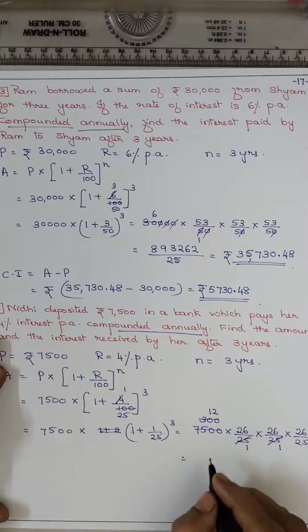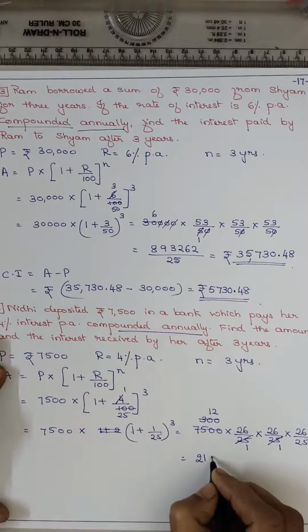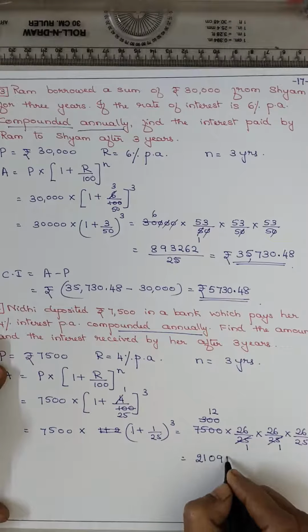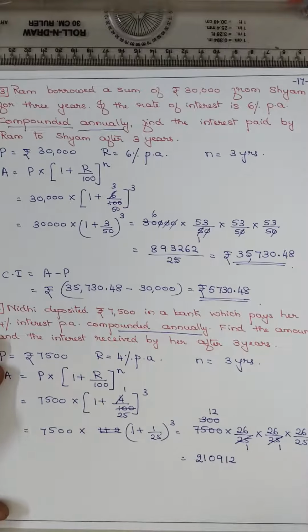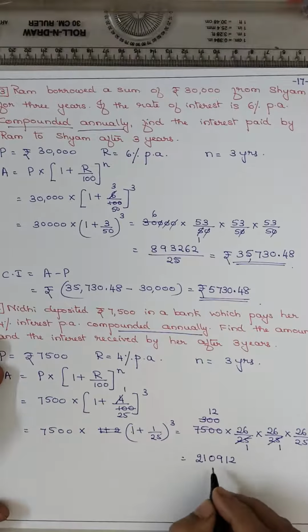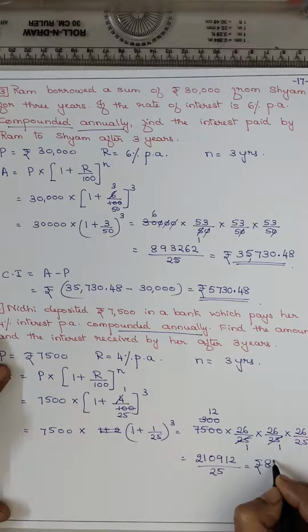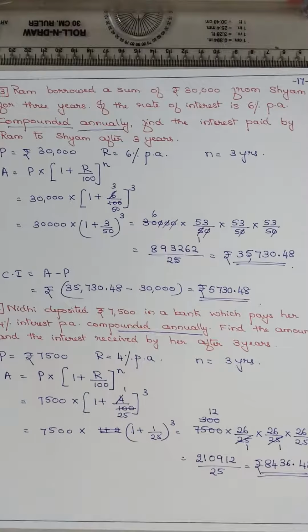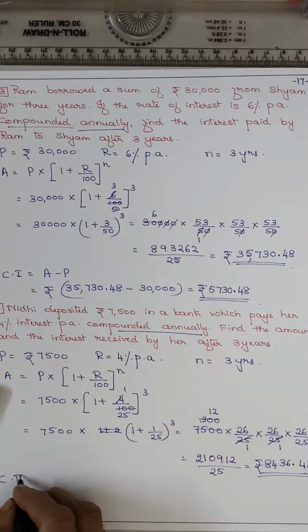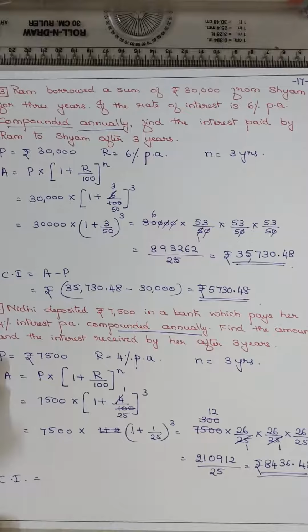Okay. So when you multiply you will get 210912 upon 25. By long division you will get 8436.48. So that is the amount. Find out CI.